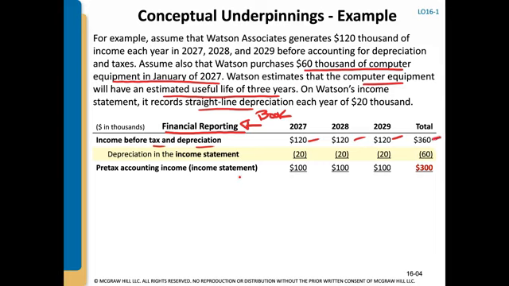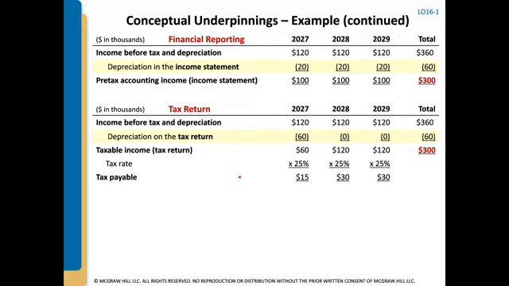So our total income before tax and depreciation is $360,000. Then we're told that for financial reporting, they depreciated this $60,000 asset over a 3-year span, so $20,000 per year. So we have $60,000 total depreciation at the end of 3 years, and the pre-tax accounting income is $100,000 per year. Now let's look at what happens on the tax return.